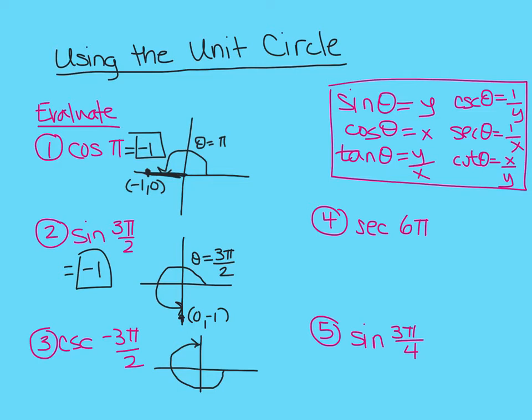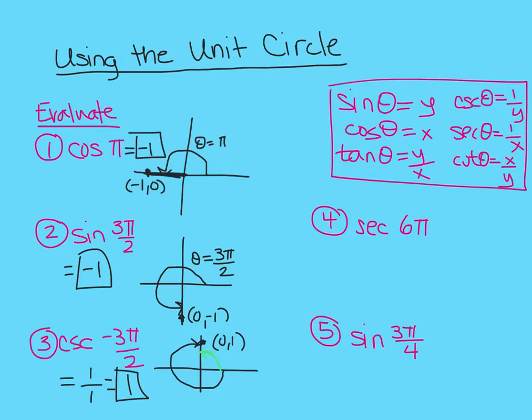Then this is my angle. If you want, you can think of it as finding a coterminal angle of positive 90 degrees, but you don't have to think of it that way. For me it's easier to look at it as going in the opposite direction. This point is 0, 1. Cosecant is 1 over y, so it's 1 over 1, which gives me 1.